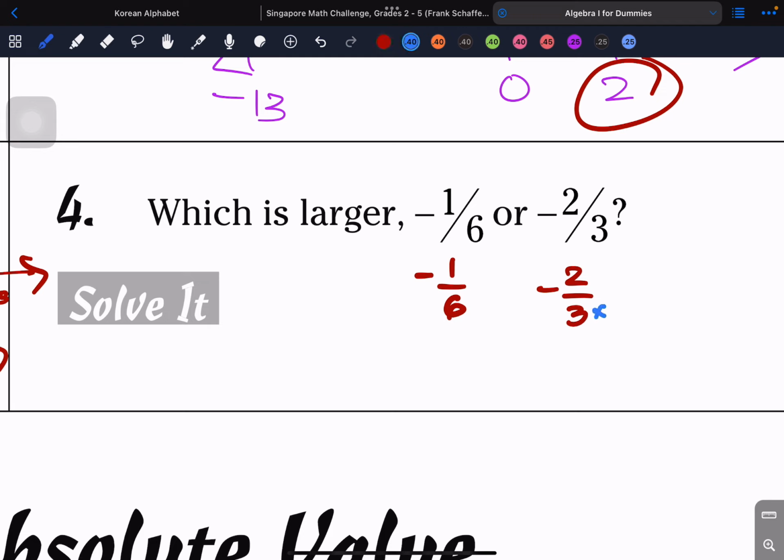Gawin mong equivalent to sa pamagitan ng pag-multiply ng 2 sa numerator at denominator ng negative 2/3. 4/6 rather. Burahin natin yun. So, meron kang negative 1/6 at negative 4/6.